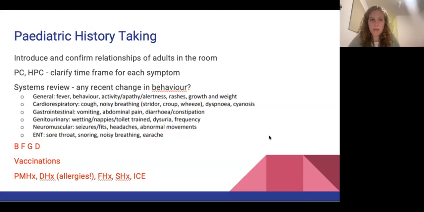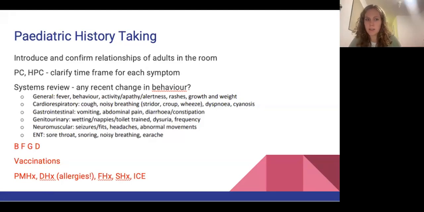And then also ask about dysuria symptoms and smelliness, because children in general do get a lot of UTIs. And then I think the rest you kind of know. ENT problems are also quite common in children, like earaches or tonsil problems. And then always ask about vaccinations.